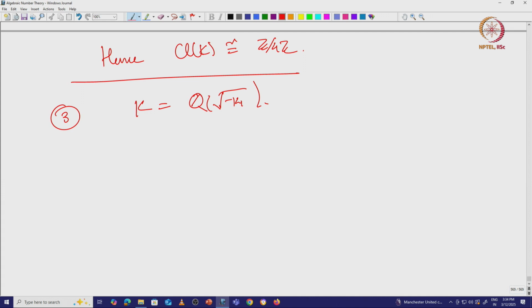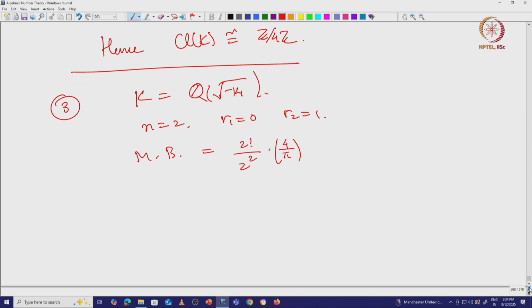Again, n is 2, r_1 is 0, r_2 is 1. So the Minkowski bound is equal to 2 factorial by 2 squared times 4 by pi times square root of |d_K|. Minus 14 is not congruent to 1 mod 4, so d_K is minus 56.